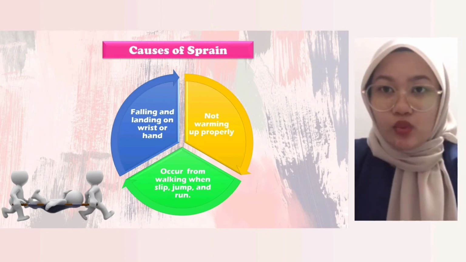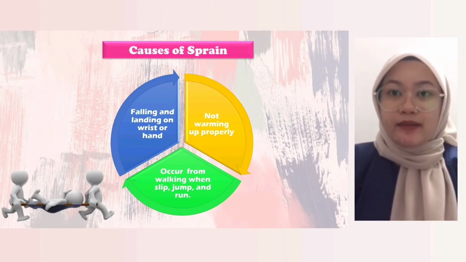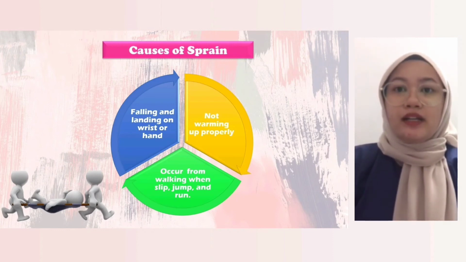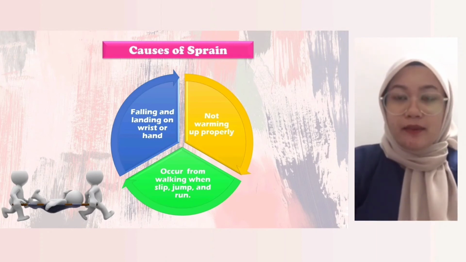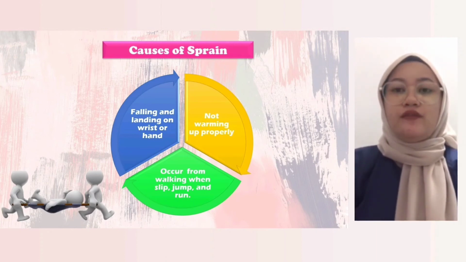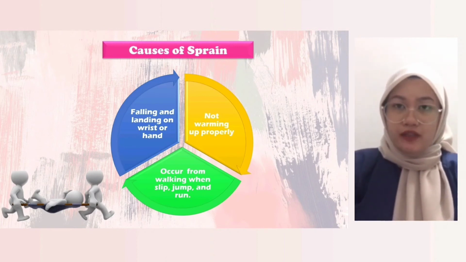So the second one, sprain occurs from walking, when you are jumping, running, or walking. So basically, sprain can happen to you if you do physical activities like walking or running on uneven surface.